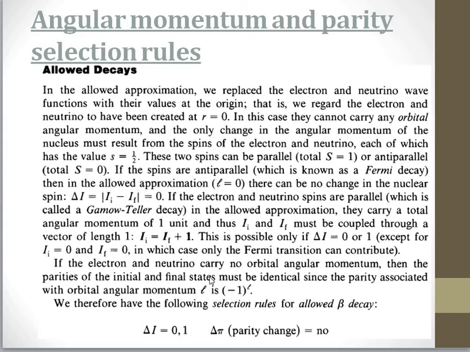If the electron and neutrino pair carry no orbital angular momentum, then the parity of the initial and final state must be identical, since the parity associated with the total angular momentum L is equal to minus 1 raised to L. So the selection rule for allowed beta decay is delta I is equal to 0 or 1, and there should be no parity change, delta pi is equal to 0.